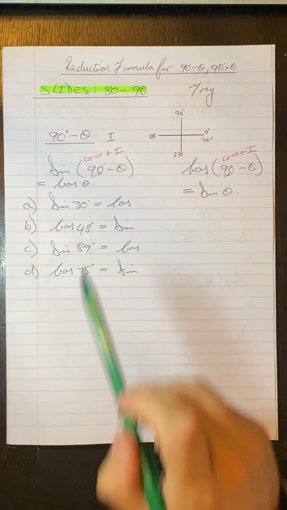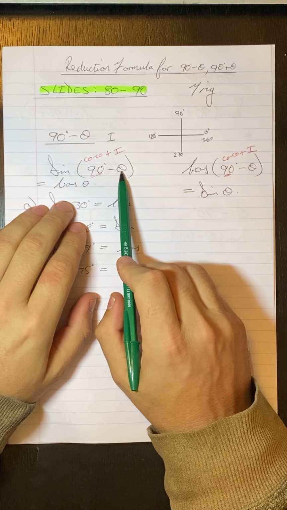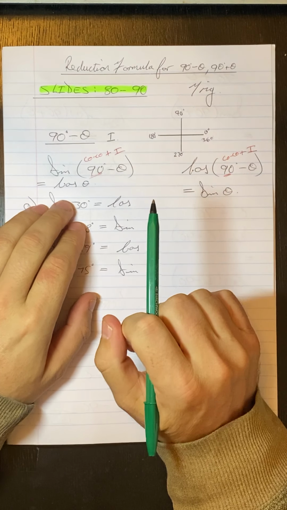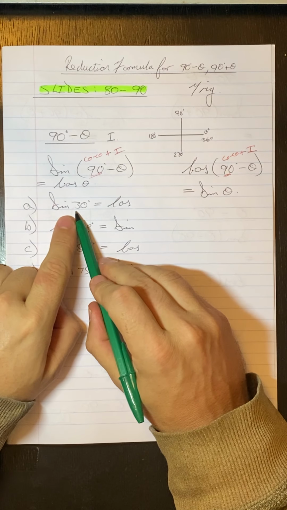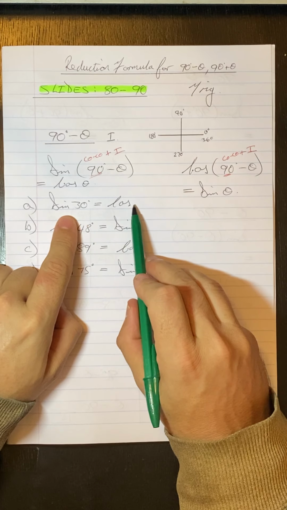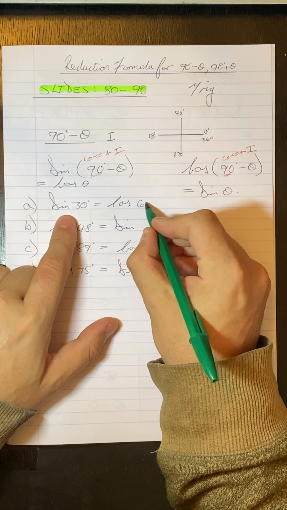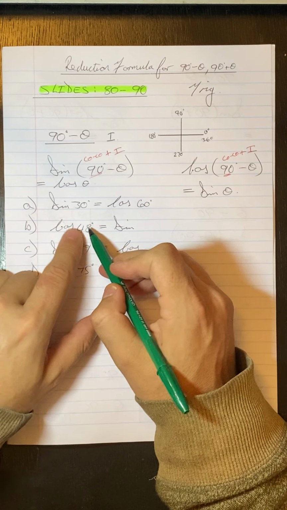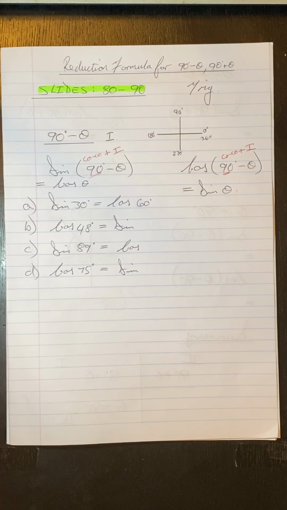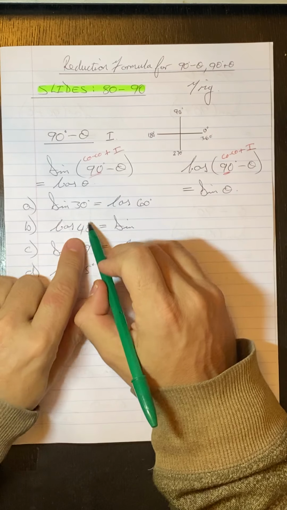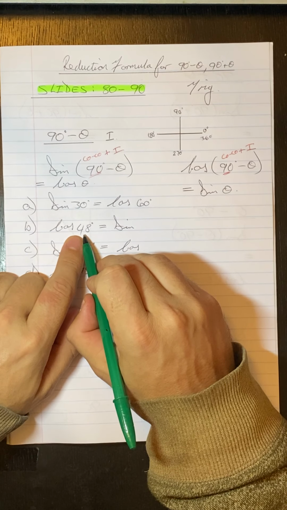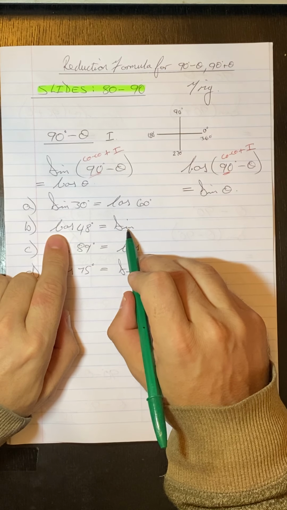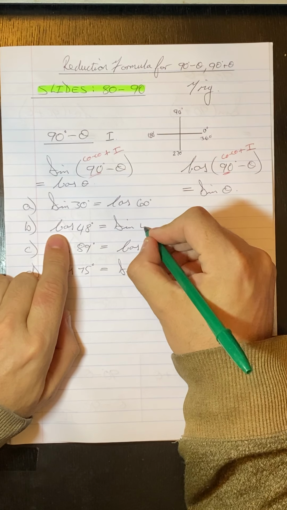Now, these are complementary angles. Complementary, remember, adds up to 90 degrees. So sine 30 will be the same as cos 60. We just say 90 minus this. Same for this: if we say 90 minus 48 will give us 42, but cos will change to a sine, so this will be sine 42.